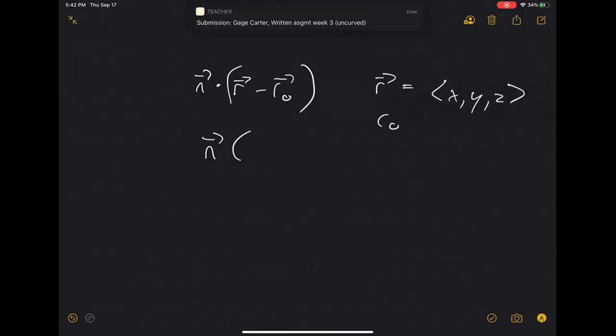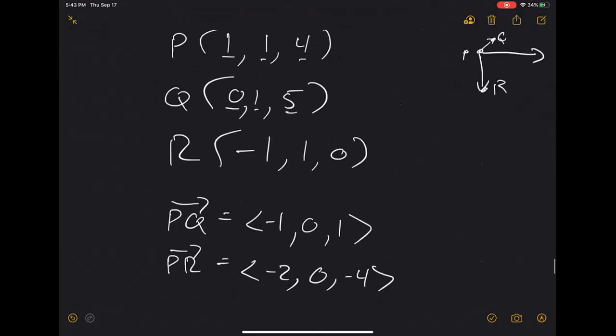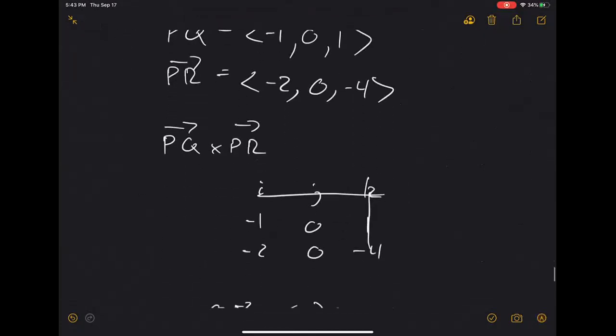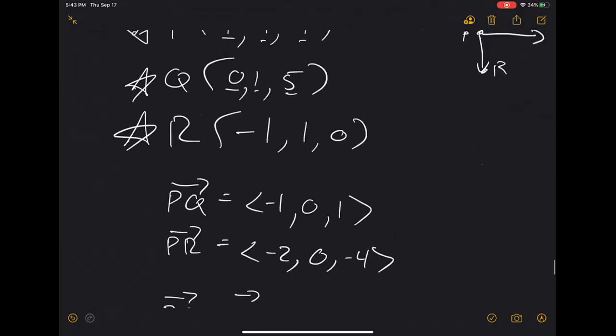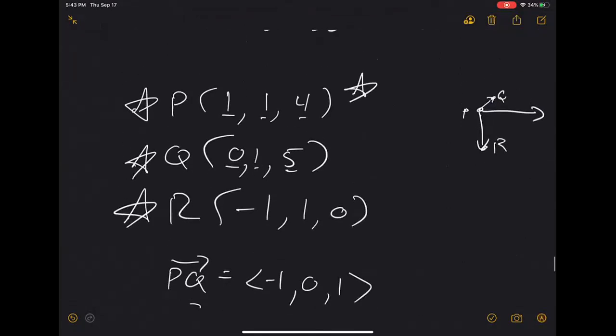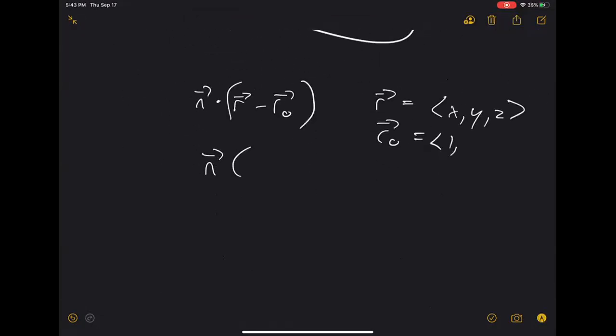And then r sub 0 is a vector whose endpoint we know is in the plane. So for example, we could use any one of these points. Okay, so let's say r0 is p. So it's the vector that starts at the origin whose endpoint is at p.